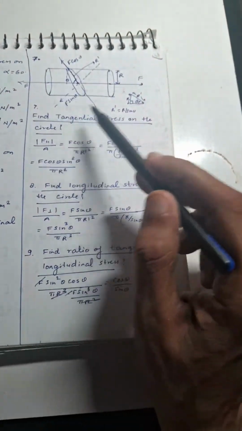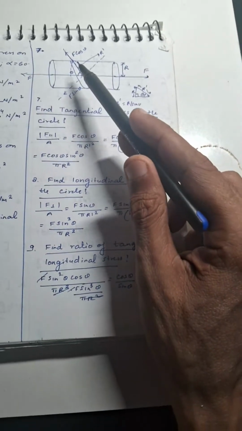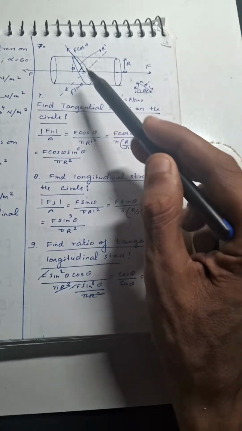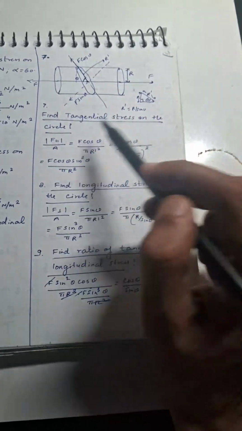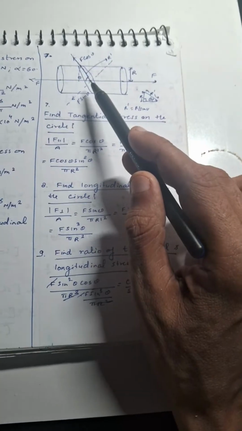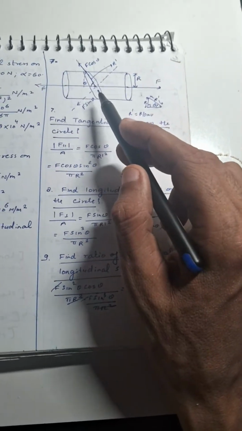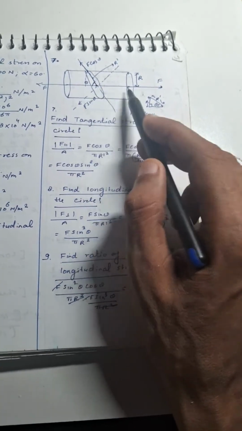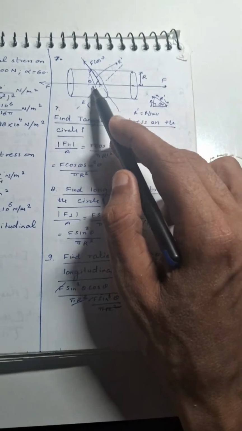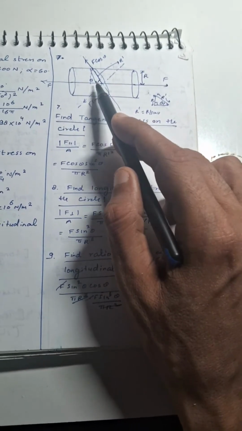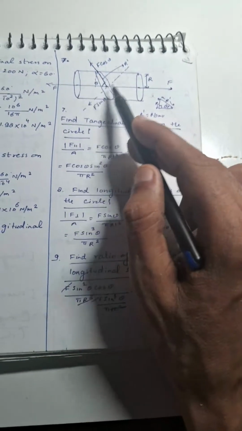Now there is another interesting question where we are given a cylindrical surface, and in that cylindrical surface we are given this area, and we need to find tangential stress on the circle. Here there will be stress on the surface, and if we assume that force F is applied, there will be F force over here. Now this angle is theta, so we can break the force on the cross section into F cos theta and F sin theta.